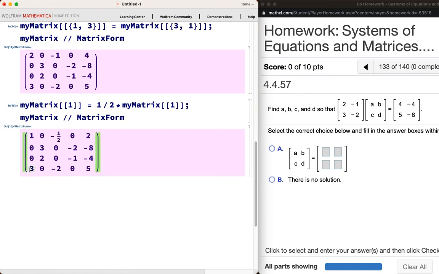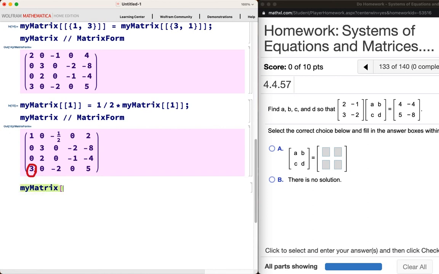So this has to become a 0. This element of 3 has to get replaced with a 0. So how do you do that? Okay, well, which row is it in?